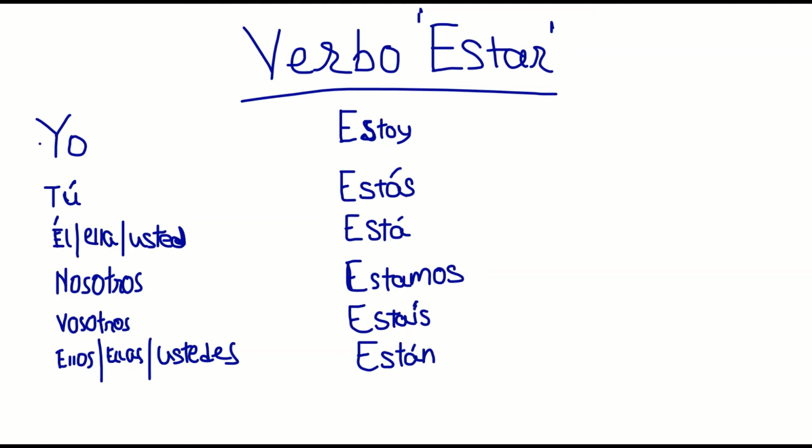So remember, I said that there are three categories of verbs available in Spanish grammar. Either it ends with AR or ER or IR. So this particular verb, estar, ends with AR, correct?